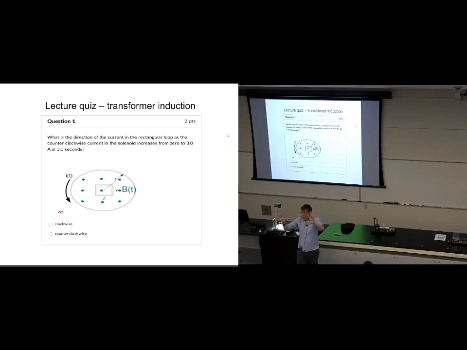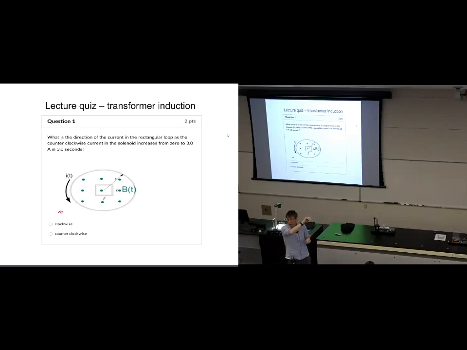What does Lenz's law say about the induced current? It says it's going to try and oppose that change. So the induced current is going to want to make a magnetic field that's into the screen. If I point my thumb into the screen, that's the direction of the induced magnetic field, my fingers curl in the direction of the current in the inner rectangular coil that must make that current.